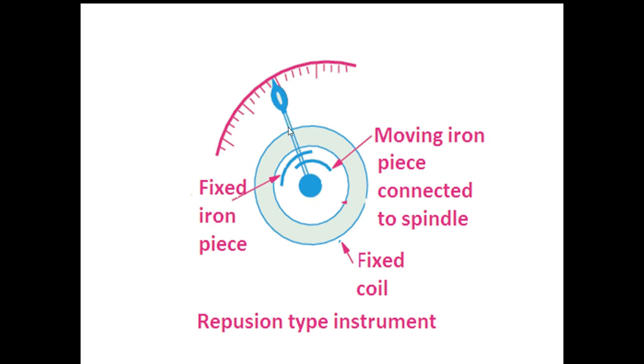The fixed one is attached to the cylindrical core. On this spindle, we are placing a pointer. This is the fixed coil. This one is the moving iron piece connected to the spindle, and this is the fixed iron piece. This is the top view of the repulsion type moving iron instrument.